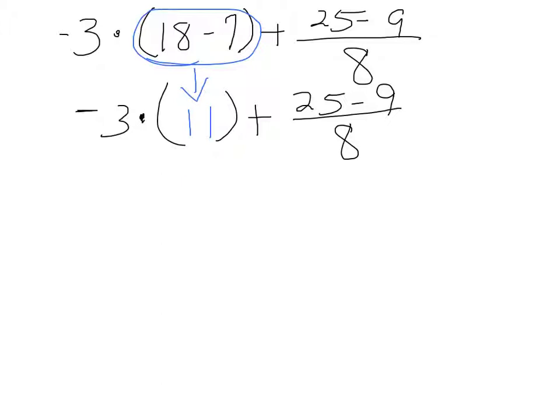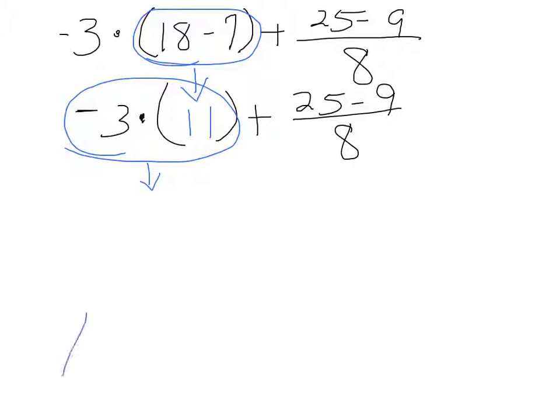Well, following order of operation, we do not have any more exponents, no more parentheses. So all we have is multiply and divide. We'll work that from left to right. As I see right here, we have negative 3 times 11 in the beginning. So again, don't forget your integer rules.